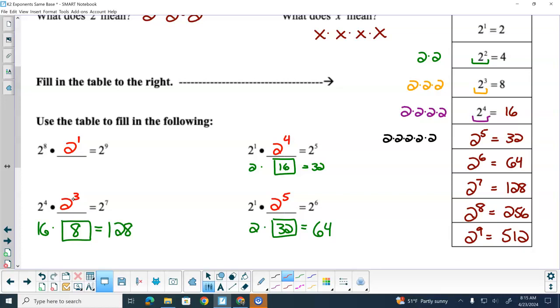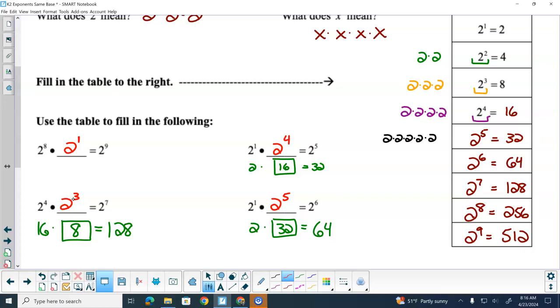Yep. Does that follow in the second one? 1 plus 4 is 5. Yep. Does it follow in the third one? 4 plus 3 is 7. Does it follow in the fourth one? 1 plus 5 is 6. Yeah. That's kind of a cool pattern, isn't it?